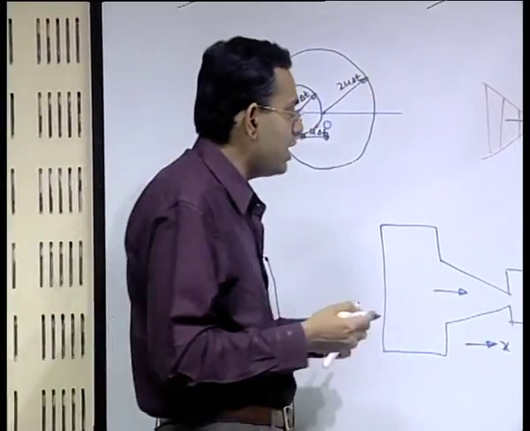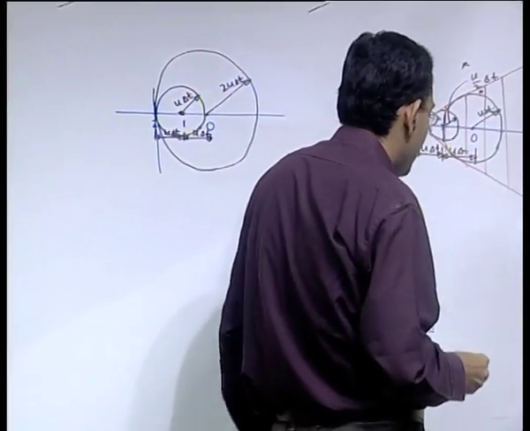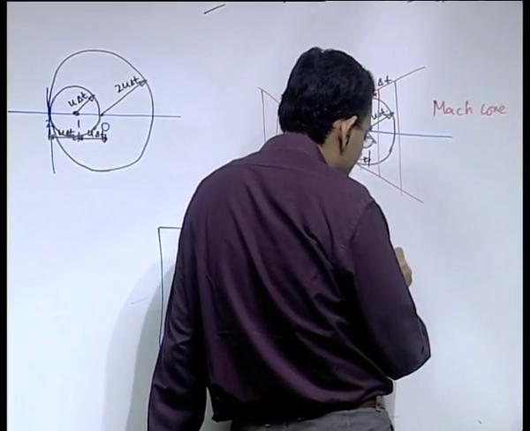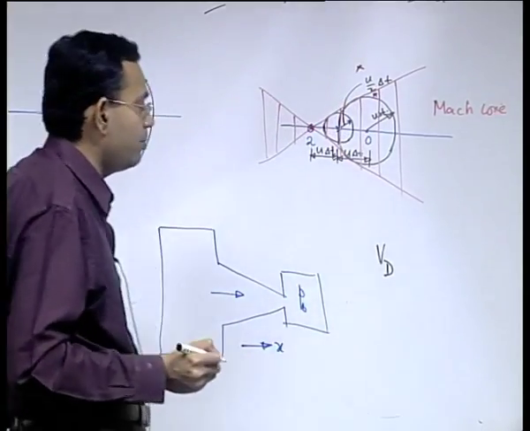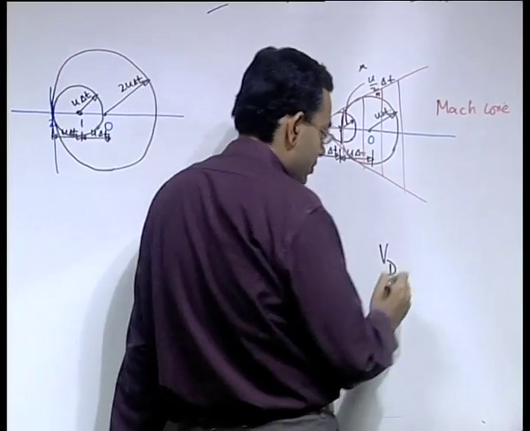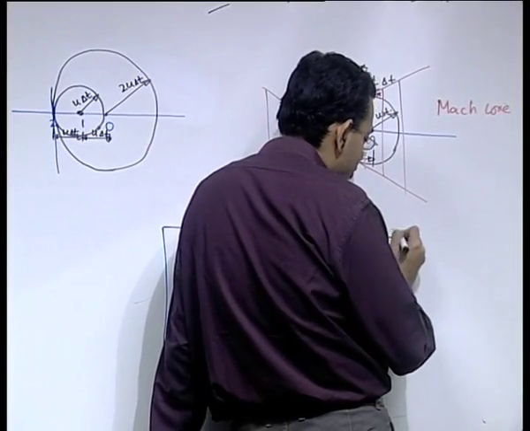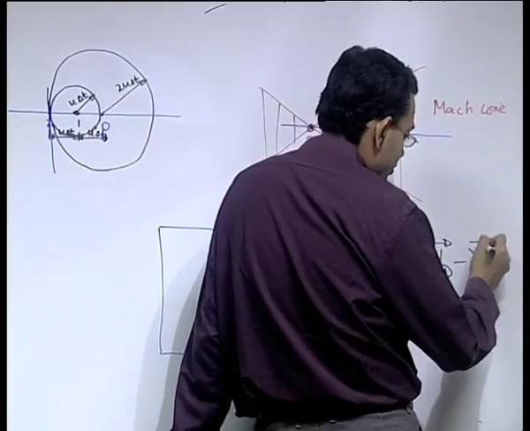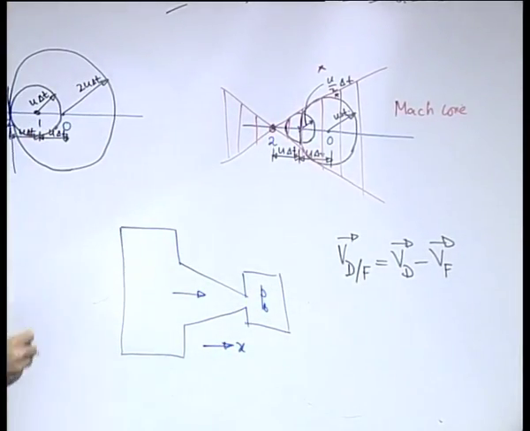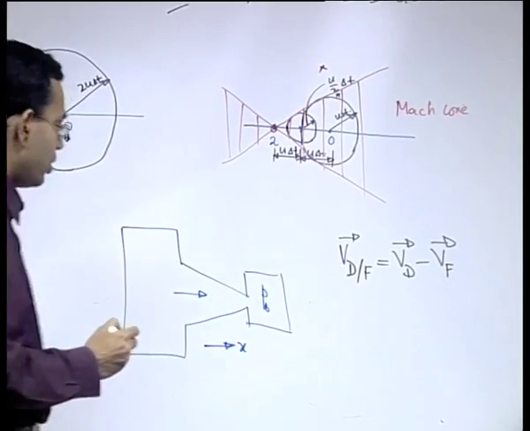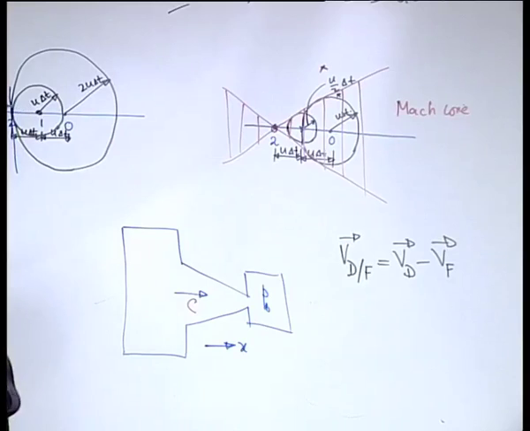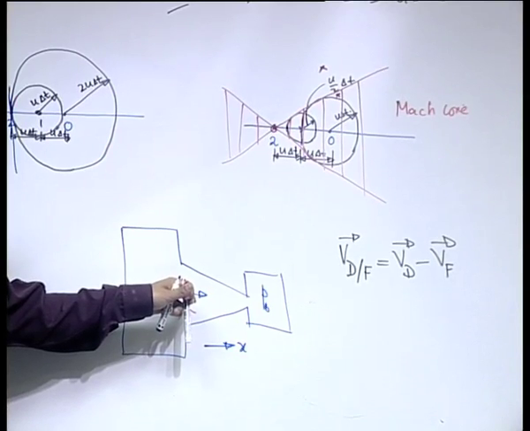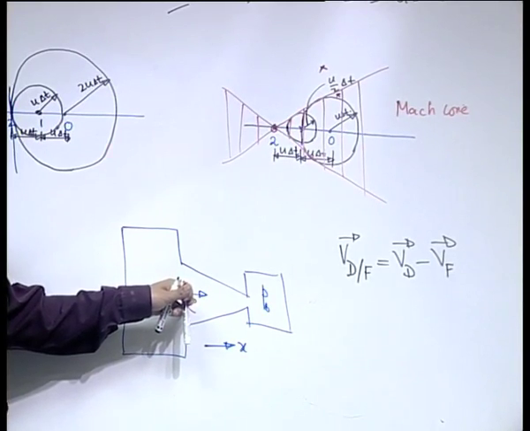So you can explain it in a very simple manner by considering the velocity of propagation of the disturbance. So let us say that, by symbolic notation, we represent d as disturbance and f as flow. So the velocity of disturbance relative to flow is the velocity of disturbance minus the velocity of flow. Let us say that the flow is moving along the positive x direction with a velocity c, then the corresponding Mach number is 1, u equal to c.